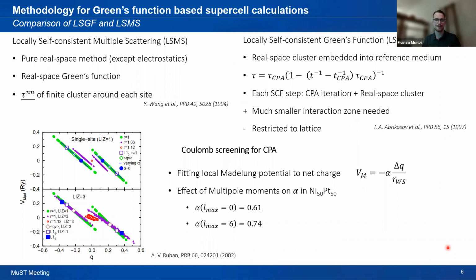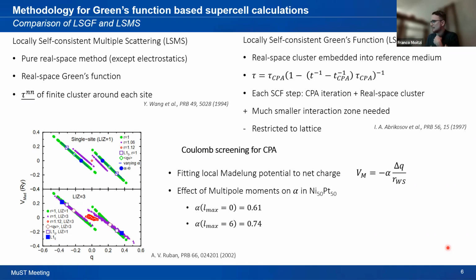And this is the so-called locally self-consistent Green's function, LSGF, which basically serves the same purpose as LSMS, and which was developed by Abrikosov mainly more than 20 years ago. So instead of just calculating these finite-sized local interaction zones or clusters around each site to get our respective tau matrix, we embed our clusters into a CPA medium.